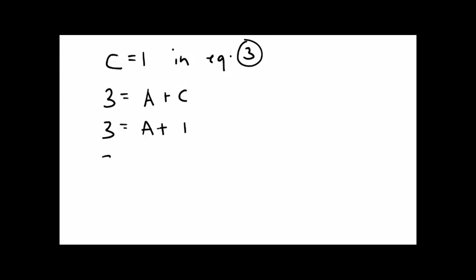To get A, we must substitute C in our equation 3. 3 is equal to A plus C. 3 is equal to A plus 1. Now, our A is equal to 2.